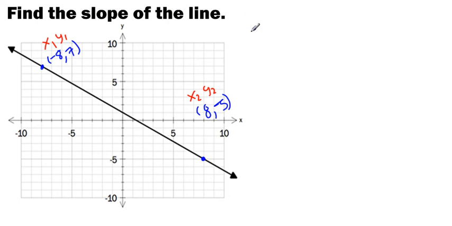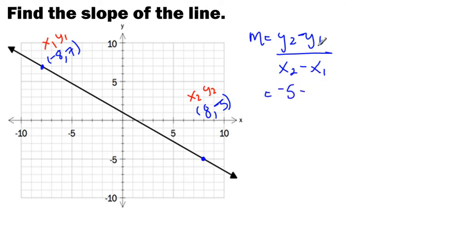Alright, so we got slope is equal to y2 subtract y1 all over x2 subtract x1. My y2 is negative 5. Subtract y1, which is 7, all over x2, which is 8.